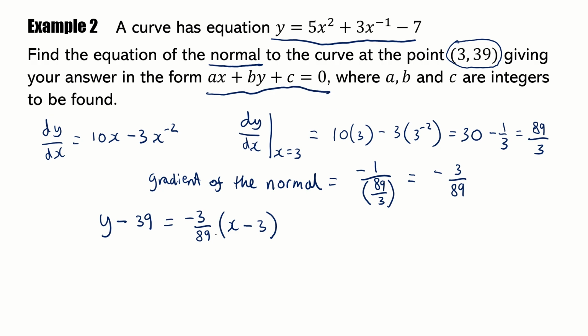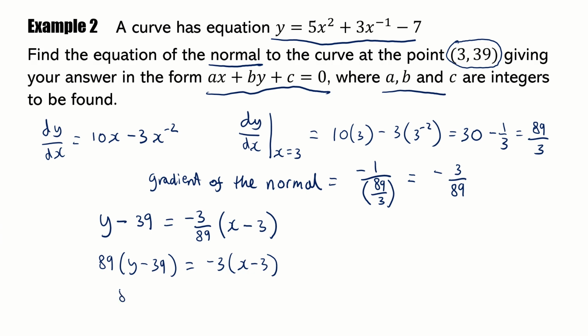So all the algebra's got to be on one side of the equation, but then also a, b, and c have to be integers. So we don't like the fact we've got that fraction there currently, so we're going to have to multiply both sides by 89 to eliminate that fraction.